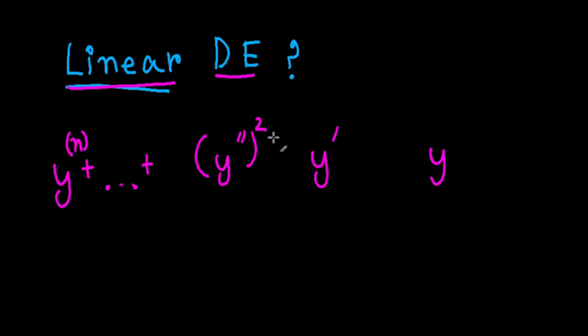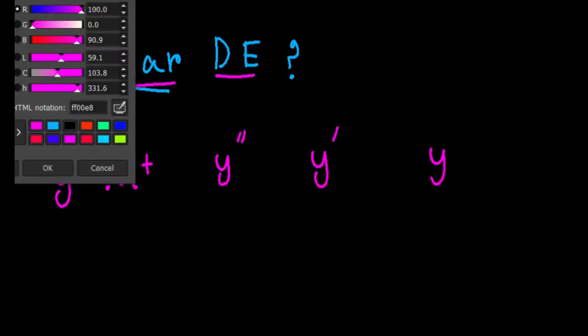All of that is not allowed. Anything concerning the dependent variable, all these terms of y and the derivatives of y, cannot be involved with each other. The only thing that is possible is them being added with each other.